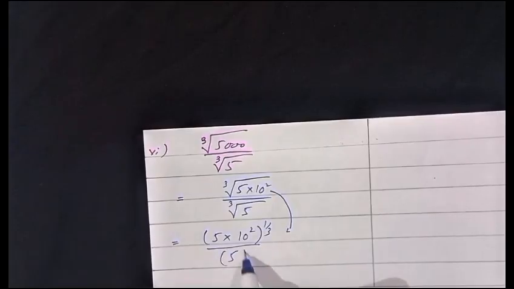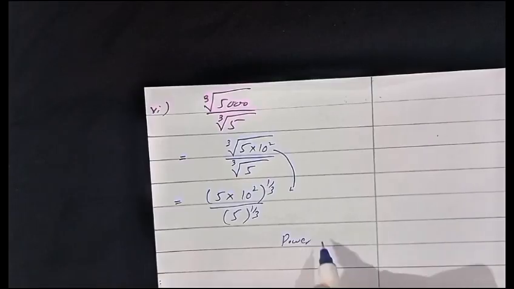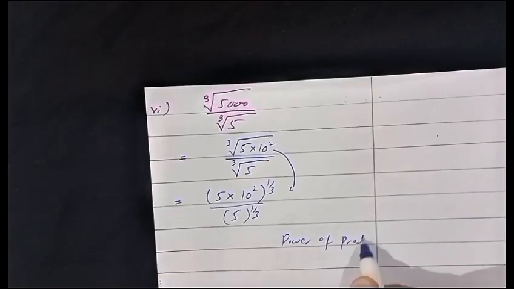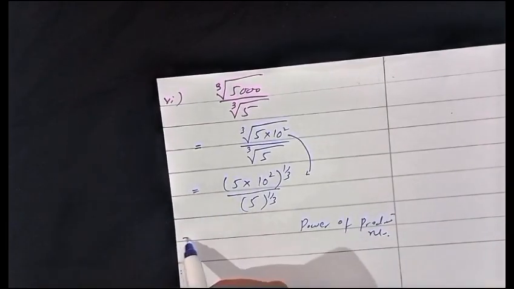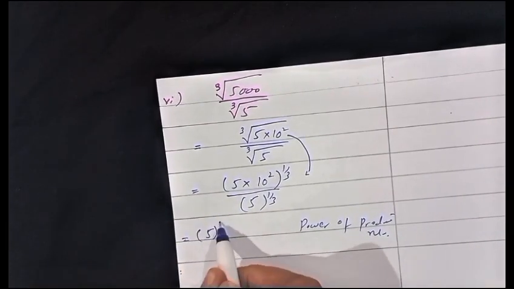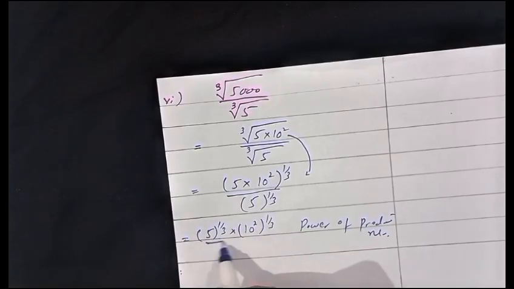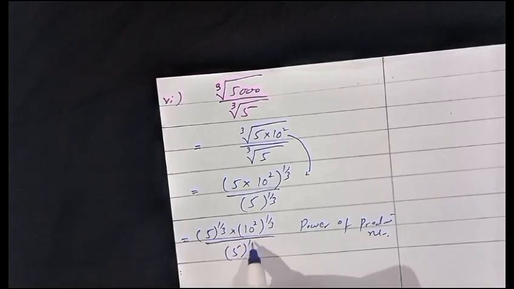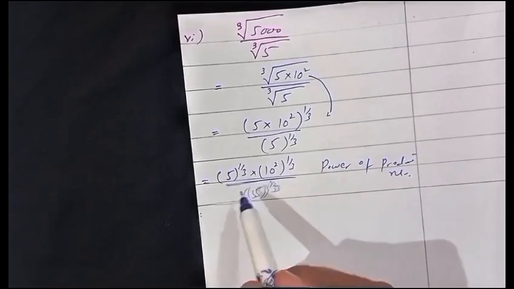Now by the power of a product rule law, we apply the powers separately on both the numbers by converting it into an exponential expression. Here, by the power of a product rule, we apply the power separately on both the numbers of the numerator, that is 5 power 1 by 3 multiplied with 10 cube power 1 by 3, divided by 5 power 1 by 3.